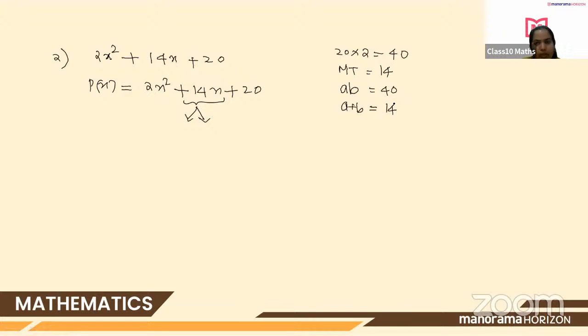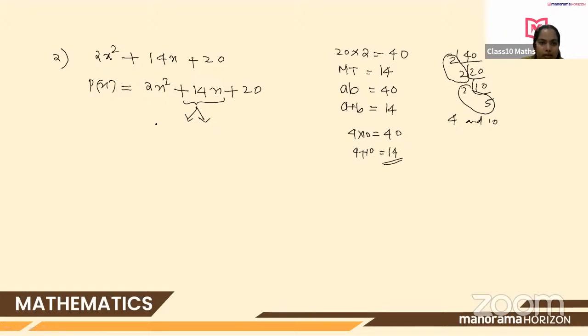So what will be the numbers? Just factorize the number 40. 2, 20, 2, 10, 2, 5. So just check 4 and 10. 4 into 10 is equal to 40 and 4 plus 10 is equal to 14.